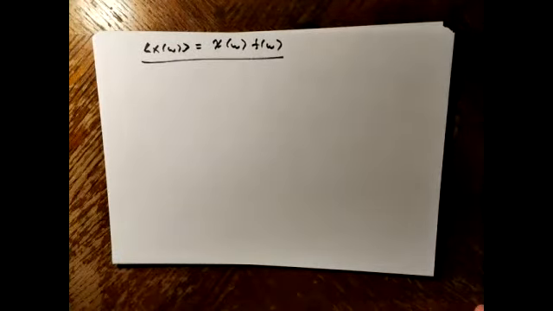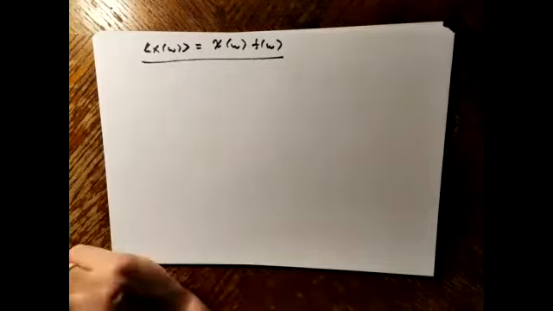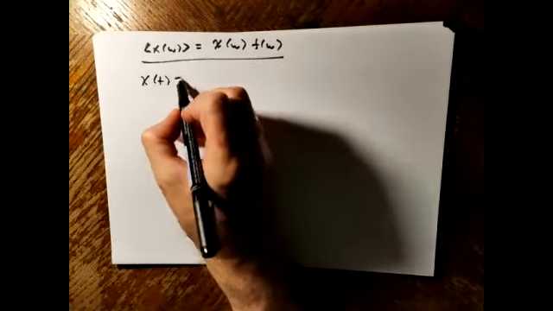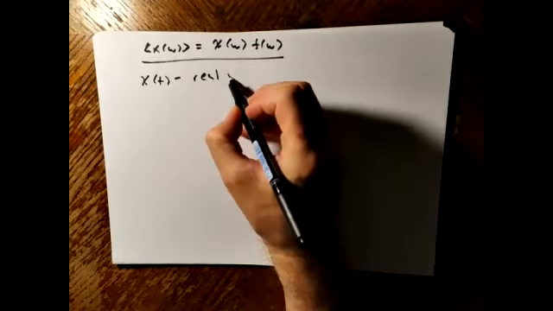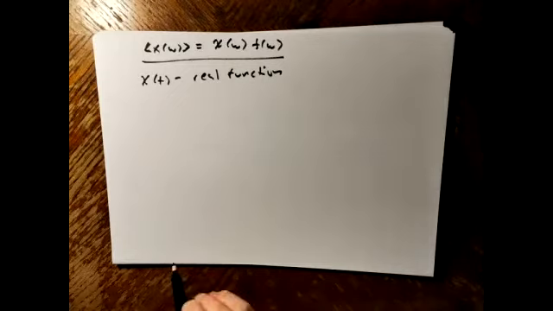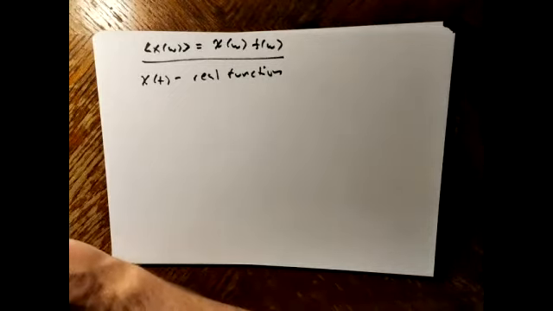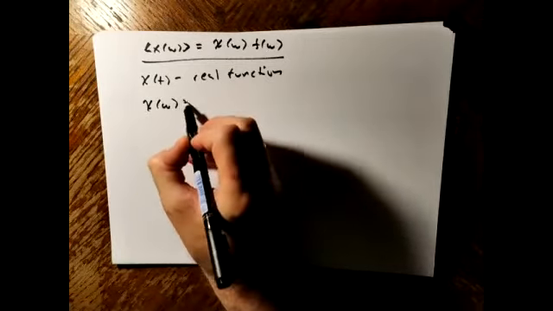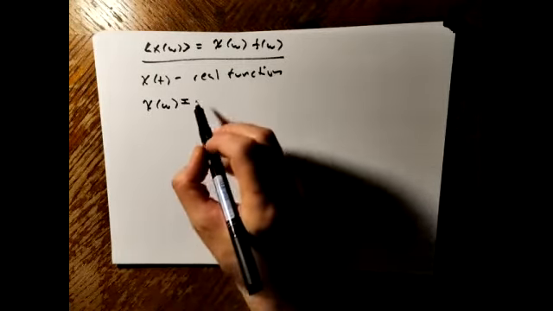Now for the response function, chi of t is a real function, but that does not mean that its Fourier transform is still real. Its Fourier transform is not a real function in general.